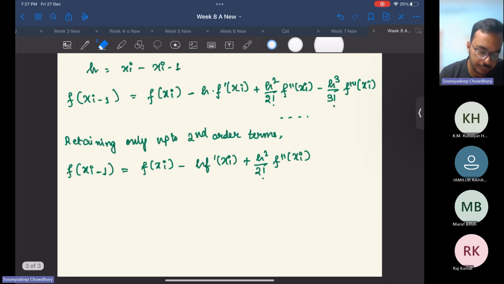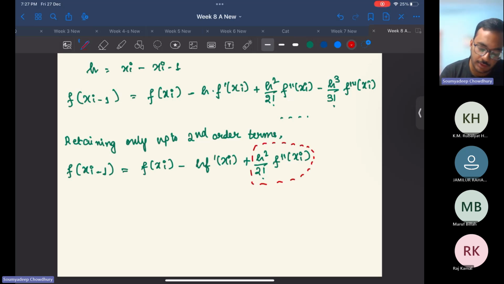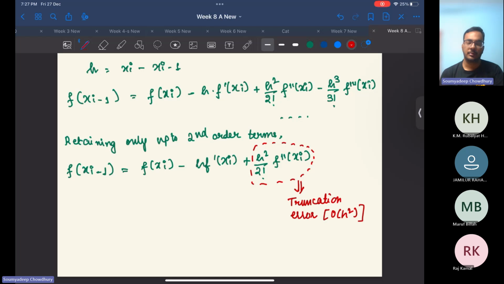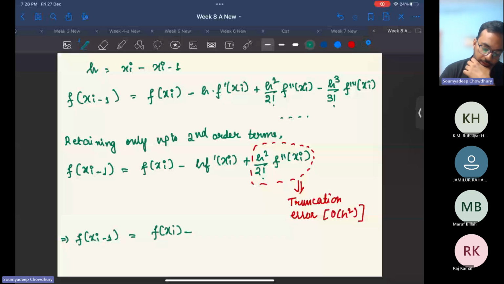This term here, h square by 2 factorial f double dash xi, is basically the truncation error, and it is of the order of O of h square, right? Since there is an h square term here, we call the truncation error of the order of O of h square. So if we simplify, f of xi minus 1 equals f of xi minus h f dash xi plus O of h square.